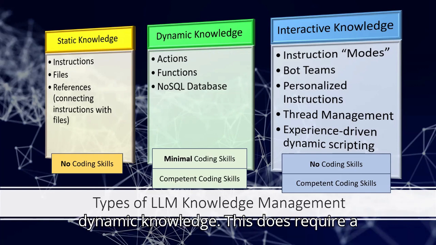Now, dynamic knowledge. This does require a little bit of skill. Dynamic knowledge is when an intelligence is able to do something other than just answer your question, based upon your response or based upon something that it knows it can do, such as make a summary of a memory.